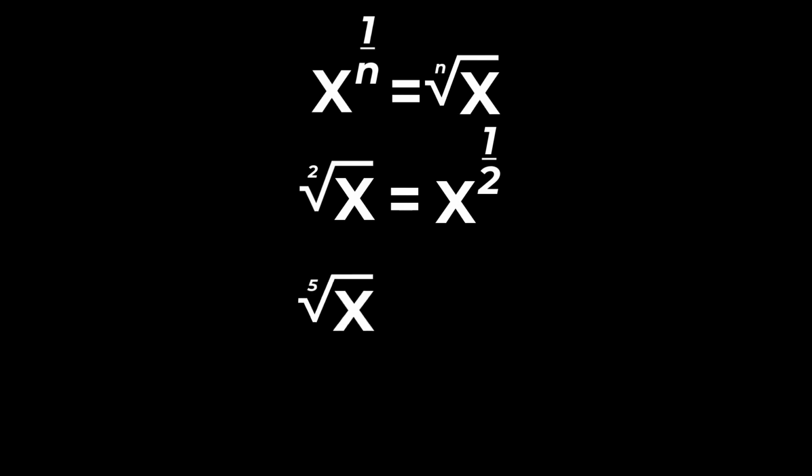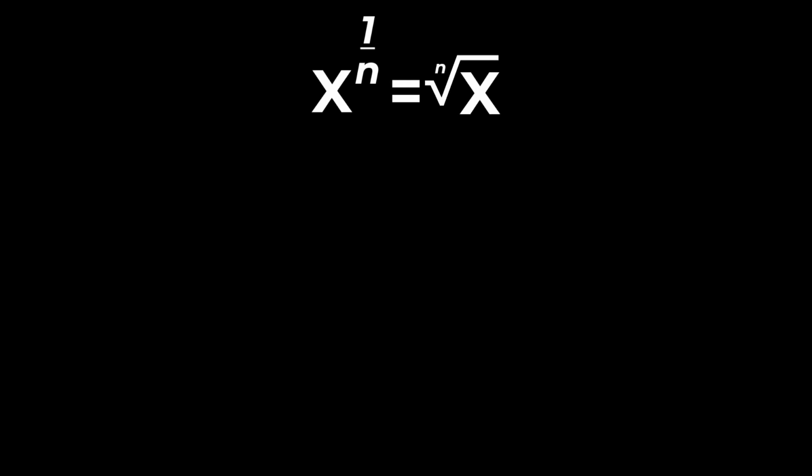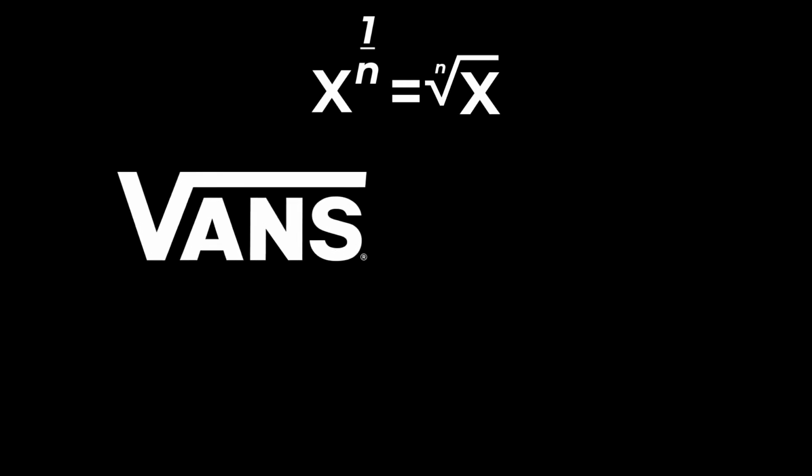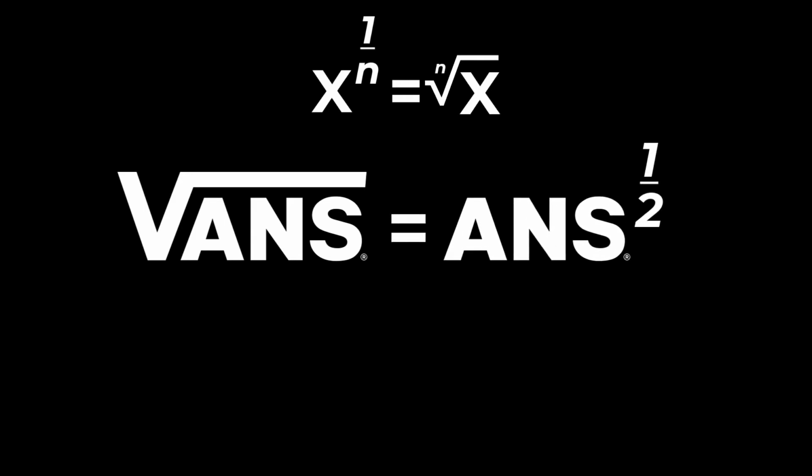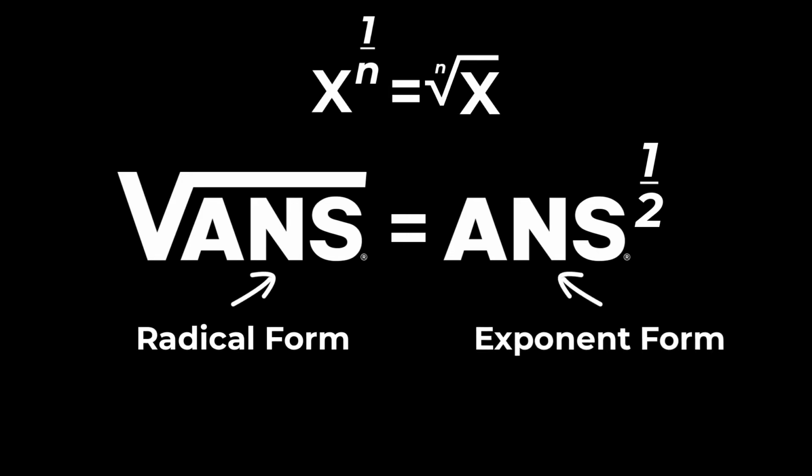The fifth root of x is x to the one fifth. And so, the square root of ans, which is the logo for the company Vans, is equal to ans to the half. We call this the radical form, and this the exponent form.